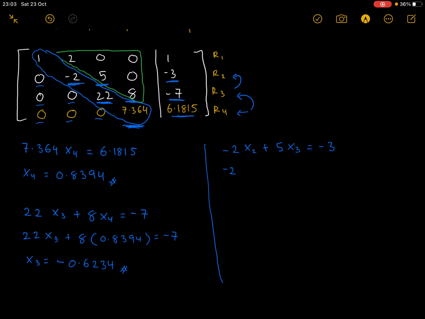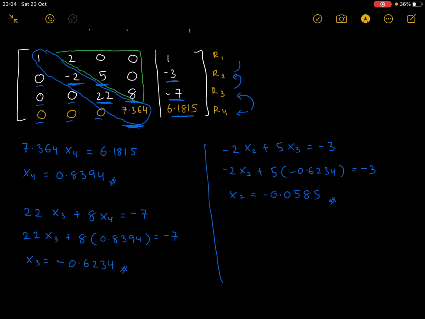So negative 2x2 plus 5, and we already know the value of x3, which is negative 0.6234, equals negative 3. So x2 is equal to negative 0.0585. By now we have already obtained the value of x2.